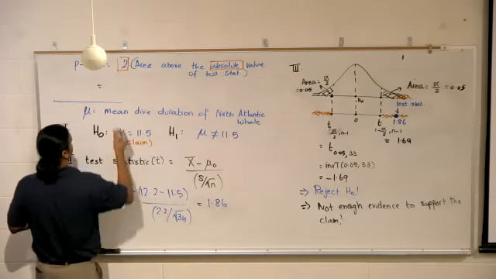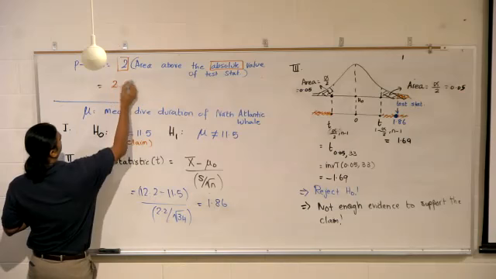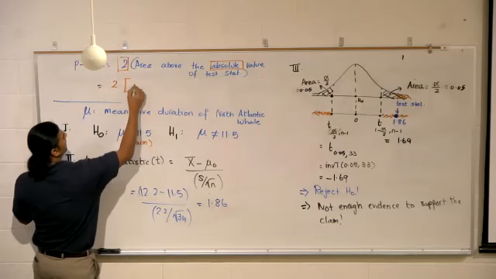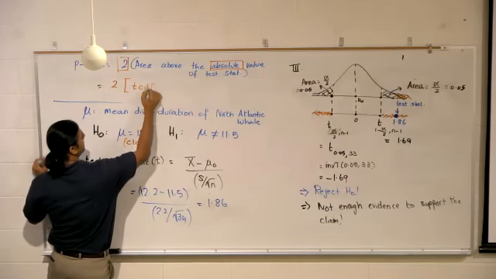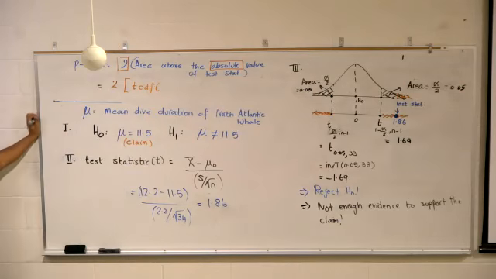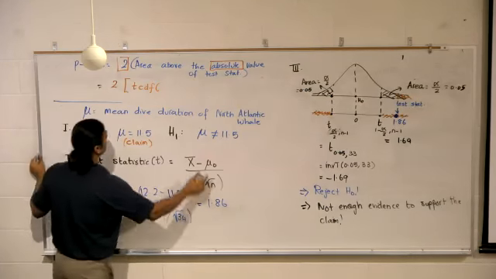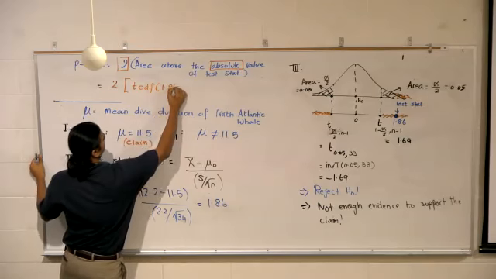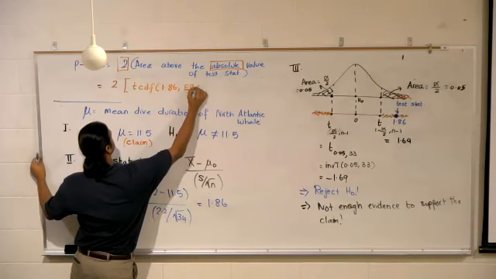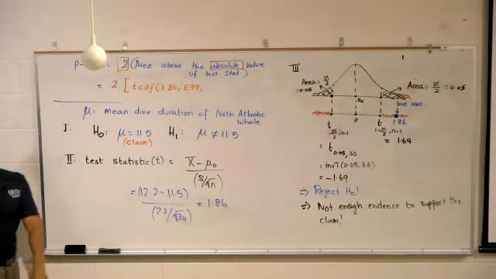So 2 times, we found the area using tcdf. Where should we start? The area above the absolute value of the test statistic, in this case 1.86. We end at E99, and what goes next?